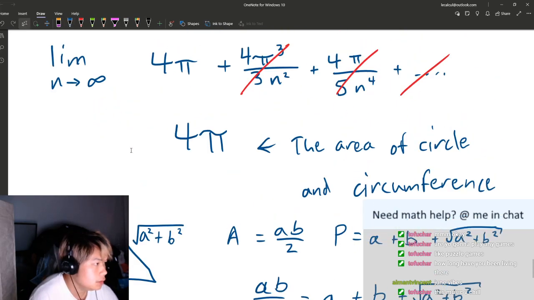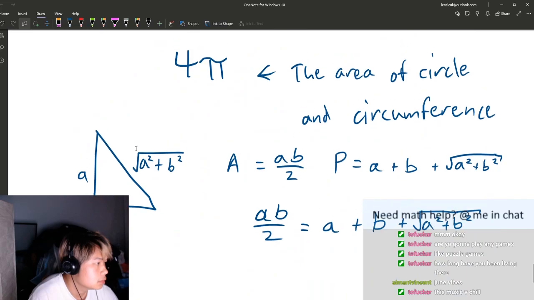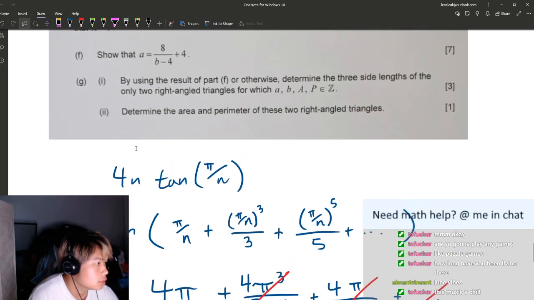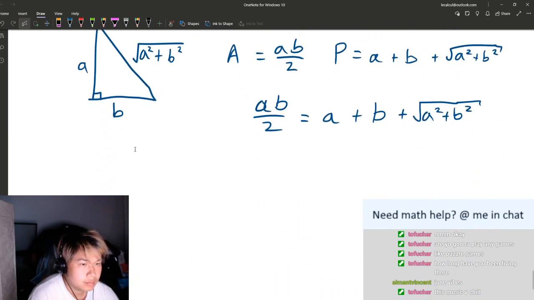And then what am I trying to do? What am I trying to show? Solve for a. Really don't want to solve for a.